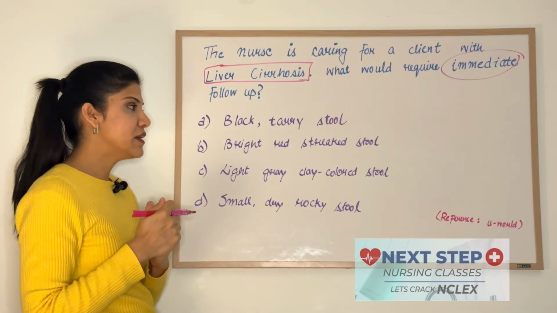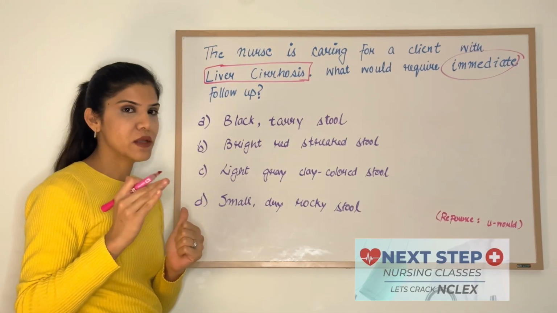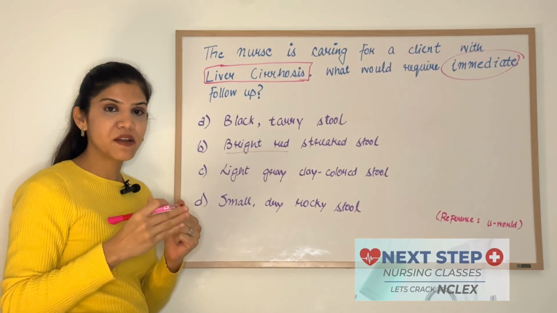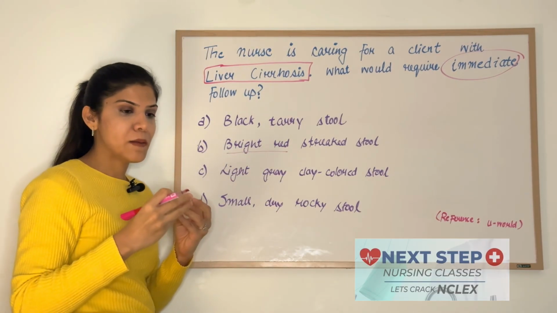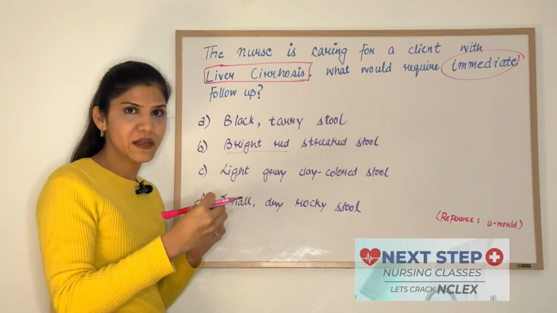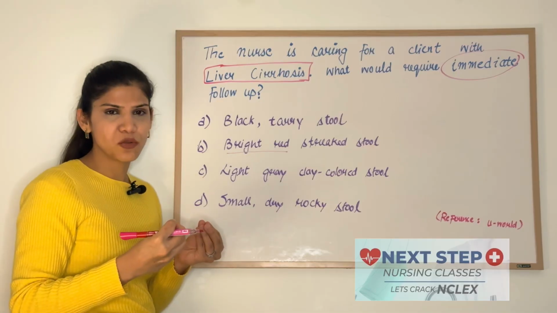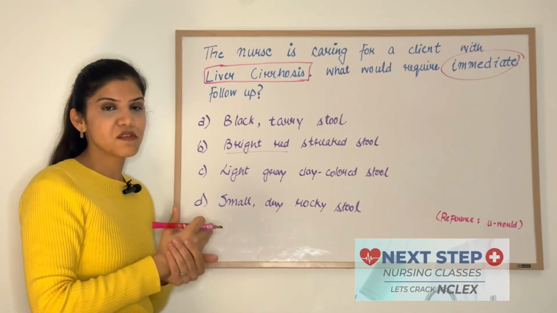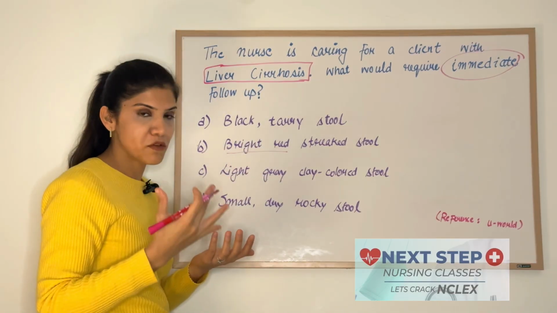Second, bright red streaked stool. I know one thing, that bright red means fresh blood. Fresh blood comes with problems like hematemesis, when the patient is vomiting out blood, or it can be some other disease condition in the body, but definitely not liver cirrhosis, because with liver cirrhosis we do not expect fresh blood to come out.